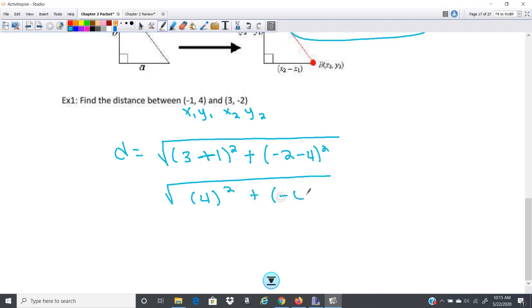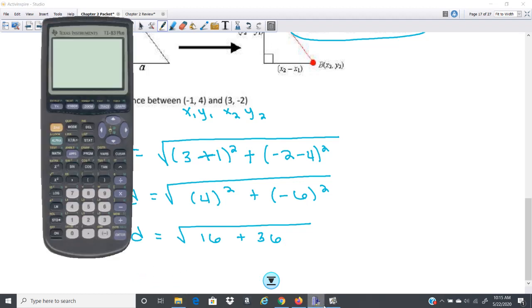Negative 2 minus 4 is going to give us negative 6. 4 squared should be 16. Negative 6 squared is 36. 16 plus 36 is 52, I believe. Yeah, 52.